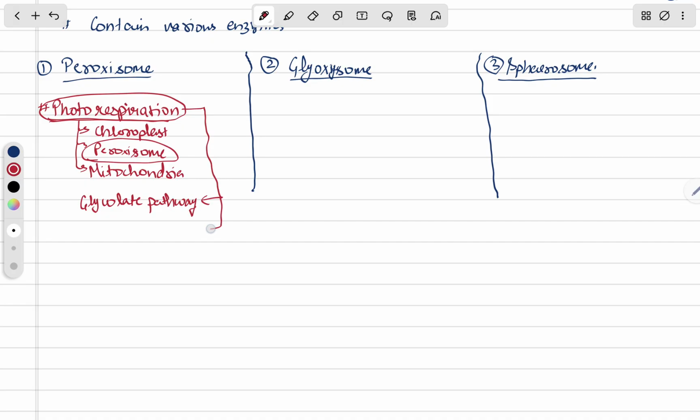Photorespiration takes place in C3 plants, right? When light intensity is high or O2 concentration is high in plant cells, the plant will escape carbon dioxide fixation and undergo a pathway, that is the glycolate pathway, which takes place only in C3 plants, right?